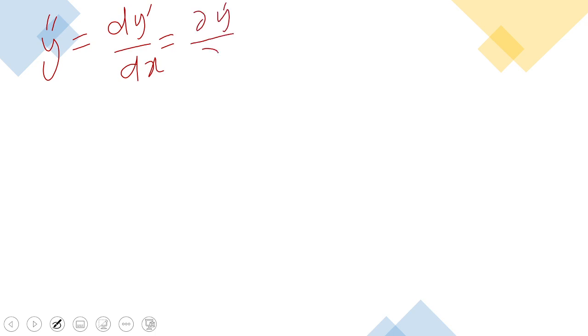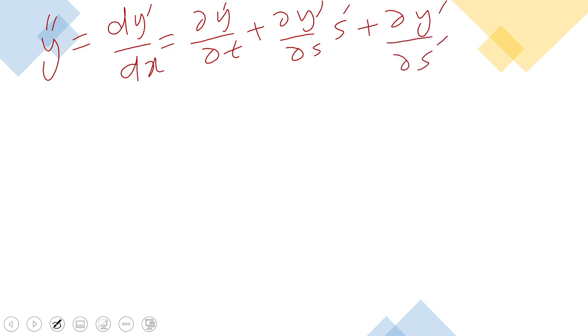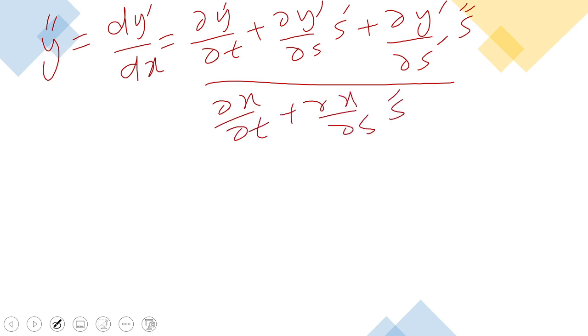Okay, now I need y double dash. So y double dash is in fact dy dash over dx, and this will be partial y dash by partial t plus partial y dash by partial s S dash plus, following the previous slide, partial y dash by partial S dash times S double dash, over partial x partial t plus partial x partial s S dash.